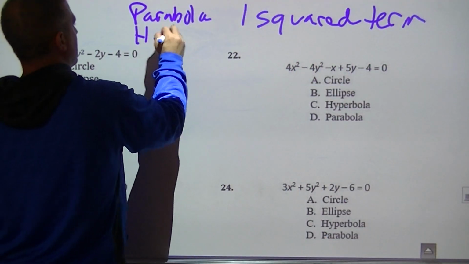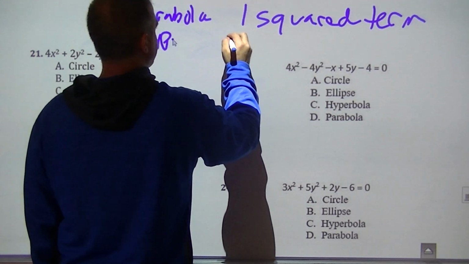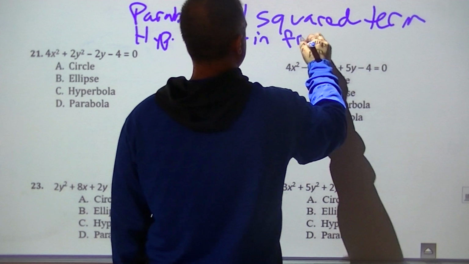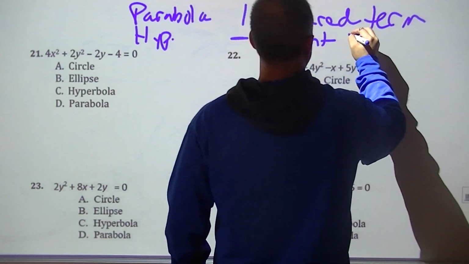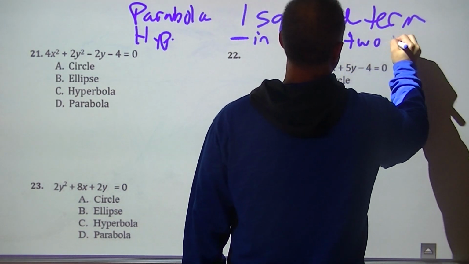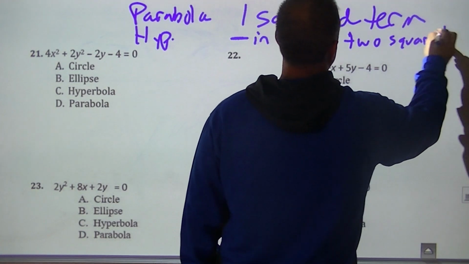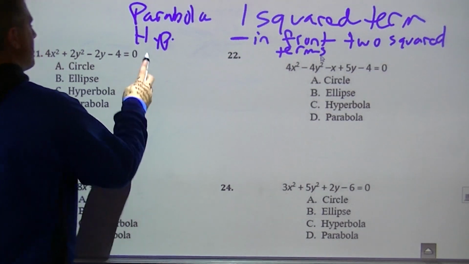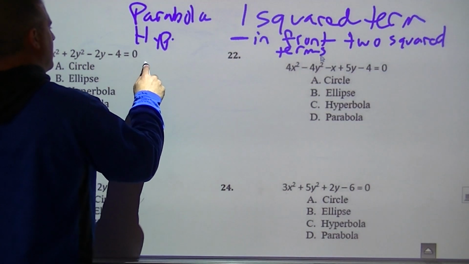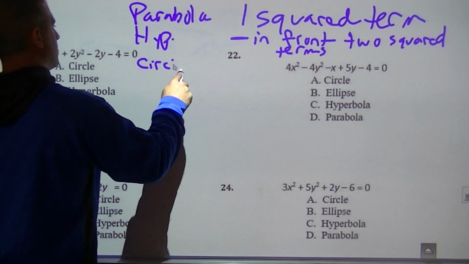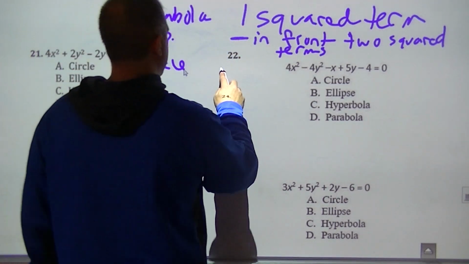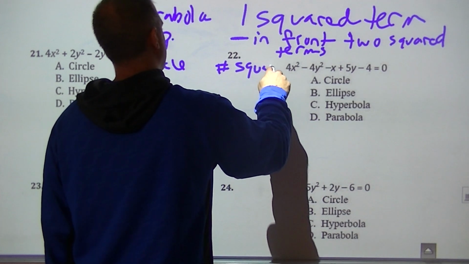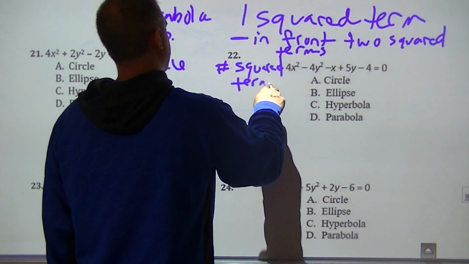Then the hyperbola is going to have a minus in front of the two square terms. Then the next easiest one to figure out is circle. If it's not one of those, that means the number in front of the square terms is the same.